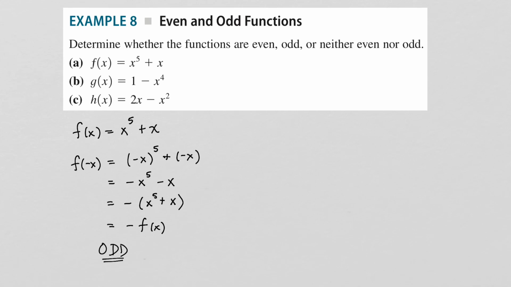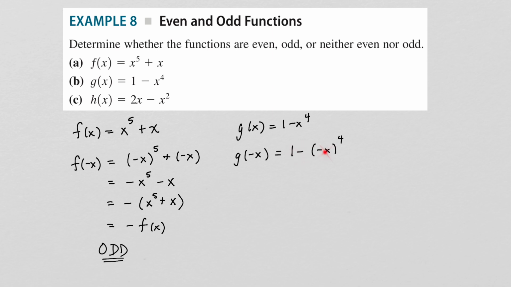For the next function, we have g of x is equal to 1 minus x to the fourth. To test to see whether it is odd or even or neither, we are once again going to plug negative x in place of x. So when you do that, this is what you get. Now you have to be very careful here because it's very tempting to want to cancel these negatives. But remember, this fourth power applies to this negative before this negative does.